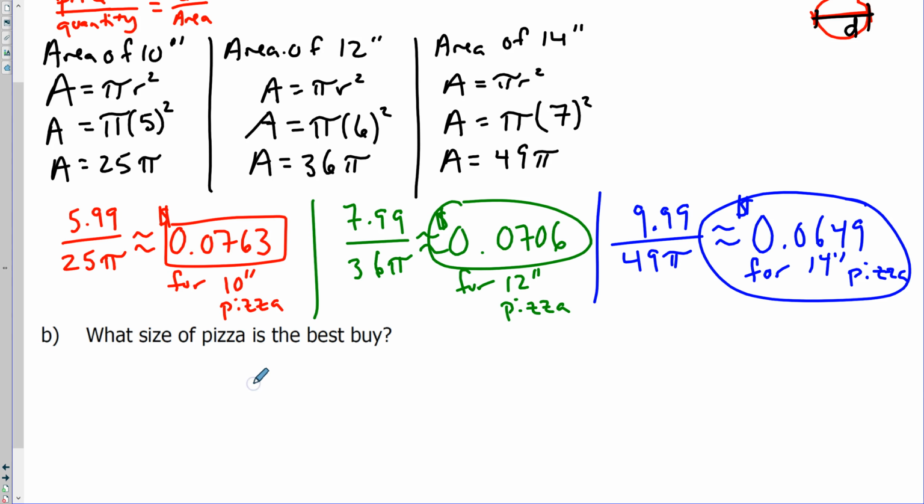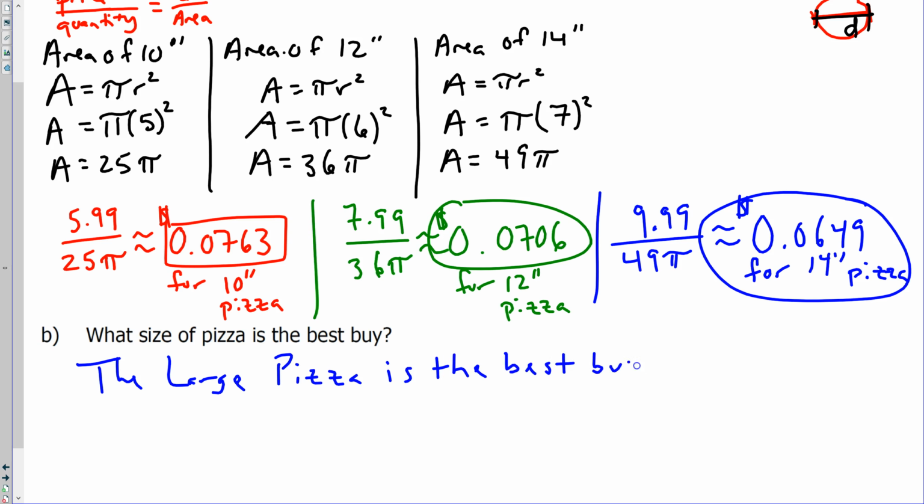So that's going to be the best pizza buy for us. So the large pizza is the best buy at 0.0649 per square inch of pizza.